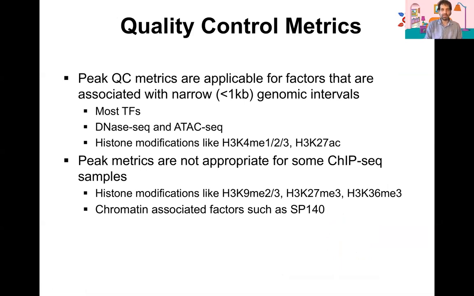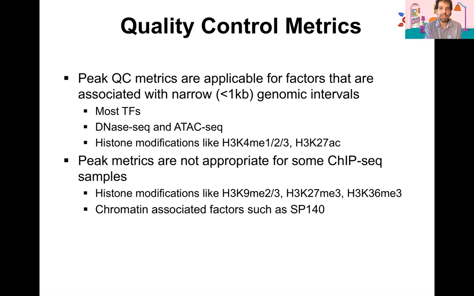Just a final word about the QC metrics: these QC metrics are really focused on peak QC metrics. So they're good for factors which have narrow, sharp peaks, which include most transcription factors, DNase-seq and ATAC-seq, and also histone modifications associated with active marks, for example K4 mono-, di-, and trimethylation, and K27 acetylation.